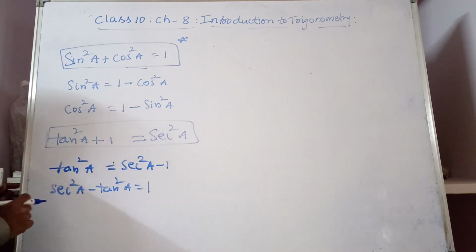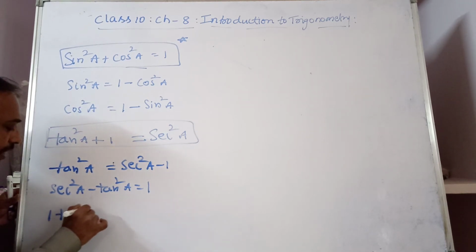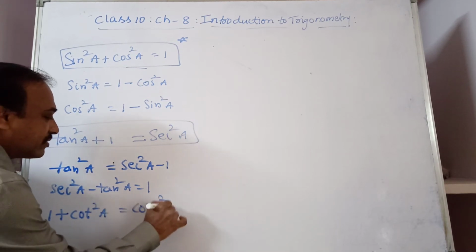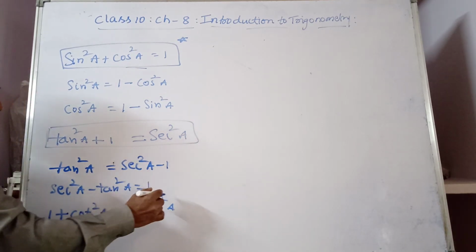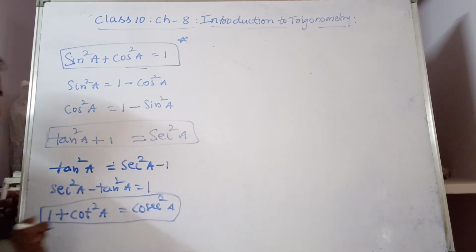That is one identity. Next, the third identity we have, 1 plus cot square A is equal to cosecant square A. From this we get another identity.